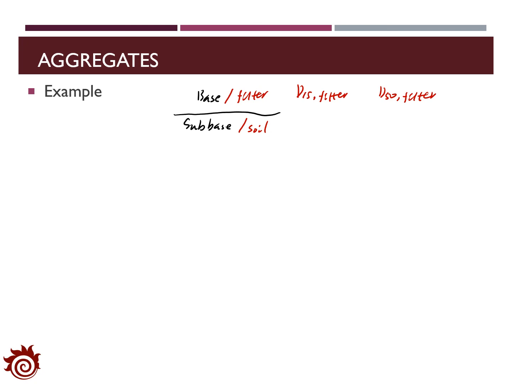And we want to use this information to find out D15 for the soil, D50, and D85. So in order to find out these ranges, we want to call the criterion. The first one is retention.